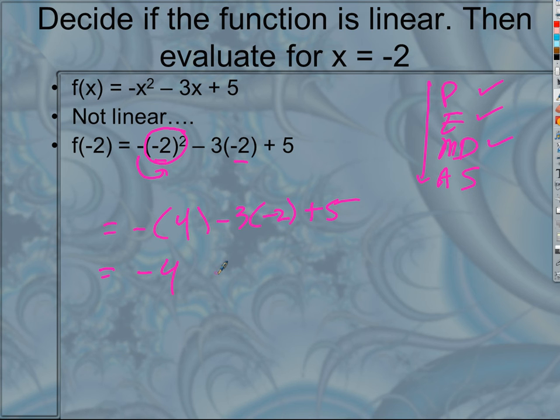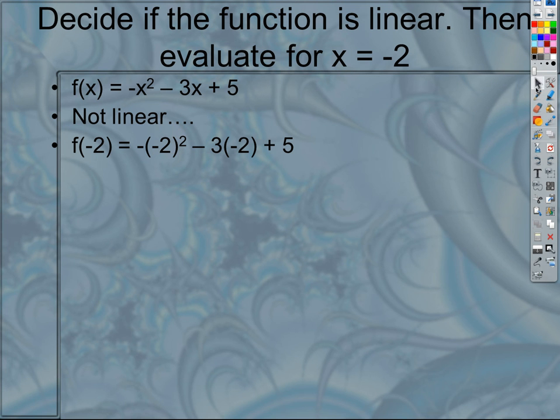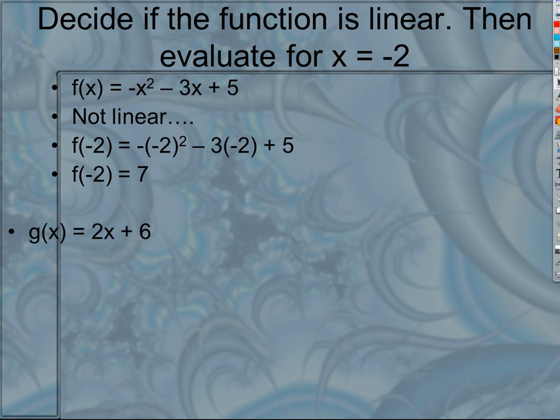What's -3 times -2? 6. Plus 6. Plus 5. And now we can finally get down to addition and subtraction from left to right. What's -4 plus 6? 2 plus 5 equals 7. So 7's our output, right? Okay, there's our answer.